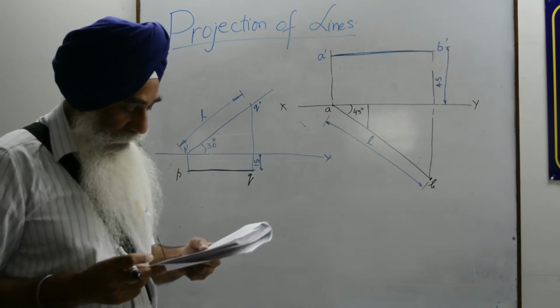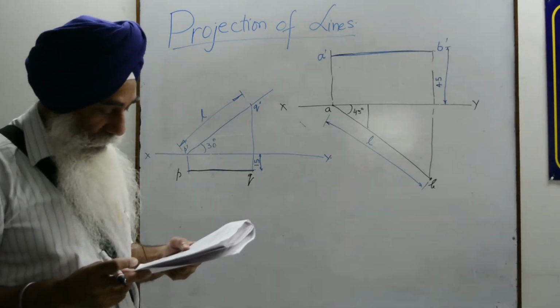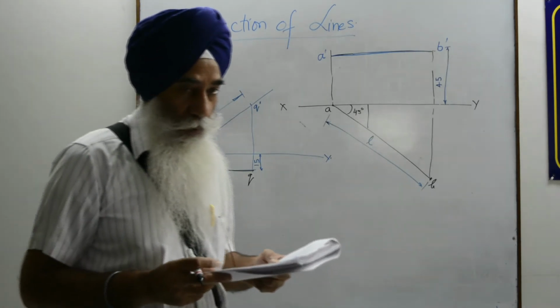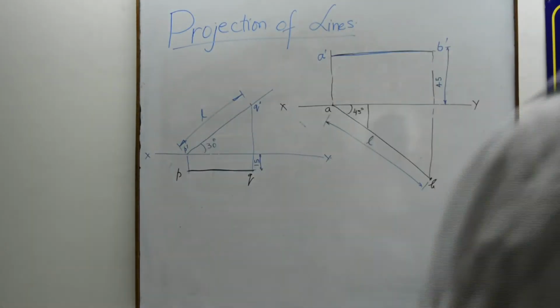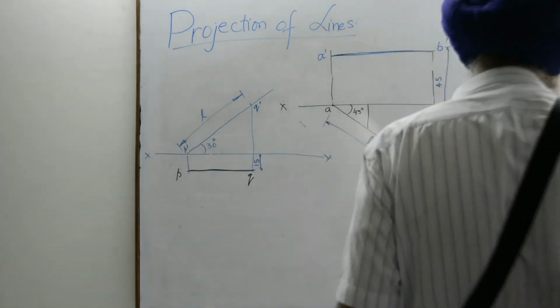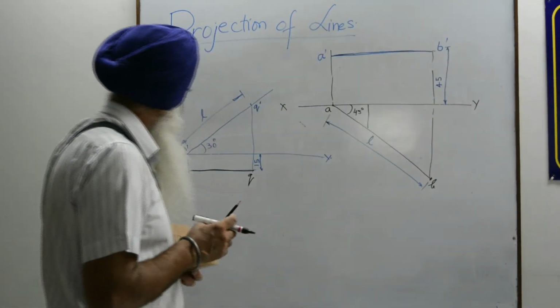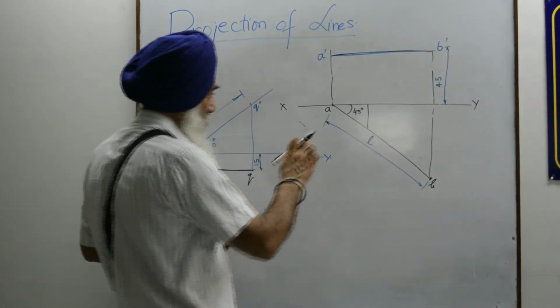The left end is 15 millimeters in front of the vertical plane. So this is the case. One end is in front of the vertical plane. So this is the case here.